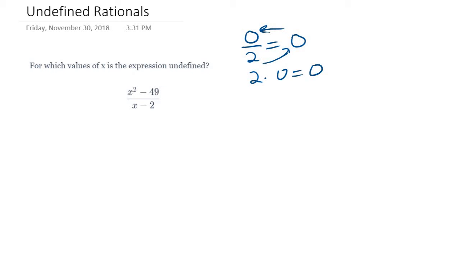That's defined, it has a particular answer. But if I do 2 divided by 0, I don't know what to put here. If I put a 0 there, then I will be saying that 0 times 0 is 2. That's absurd. That is not correct.